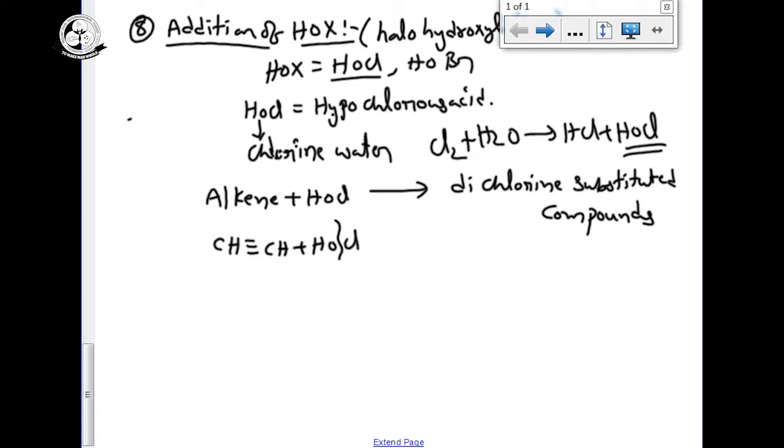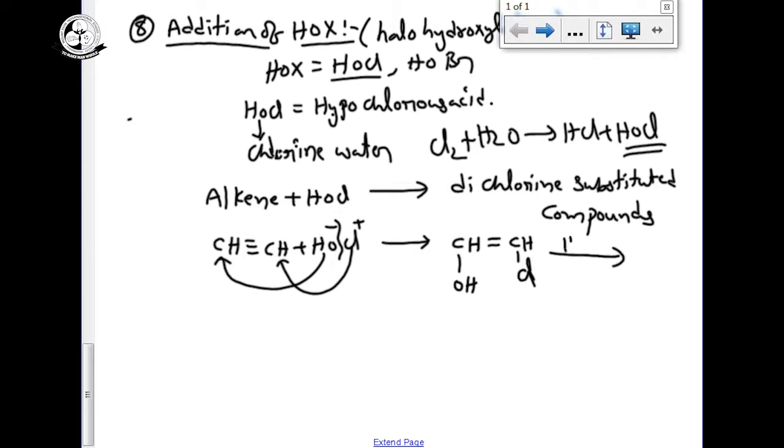Here chlorine is plus, oxygen is minus. You have to observe carefully, oxygen is more electronegative than chlorine, so the negative part will attach to either carbon, and chlorine will attach to either one. So there is no need to follow the Markovnikov rule. Why? Because it is symmetrical. For symmetrical there is no problem with the Markovnikov rule, only for unsymmetrical. OH double bond CH Cl.